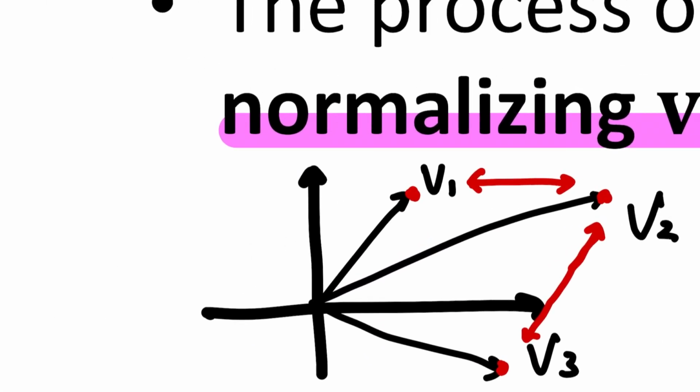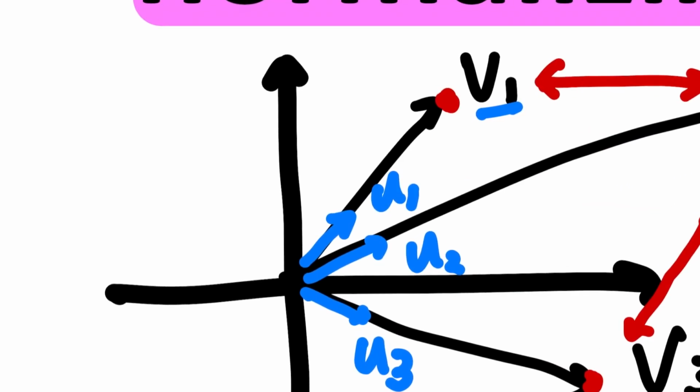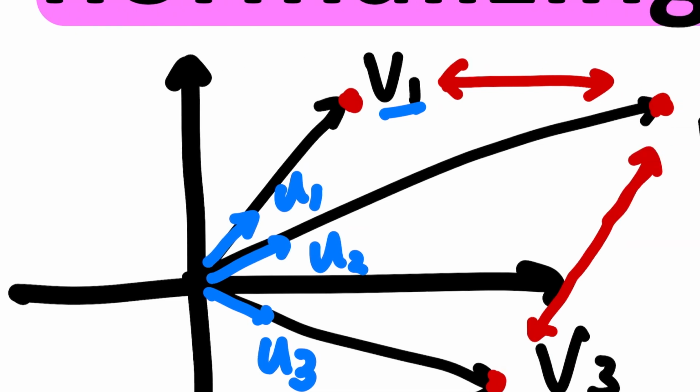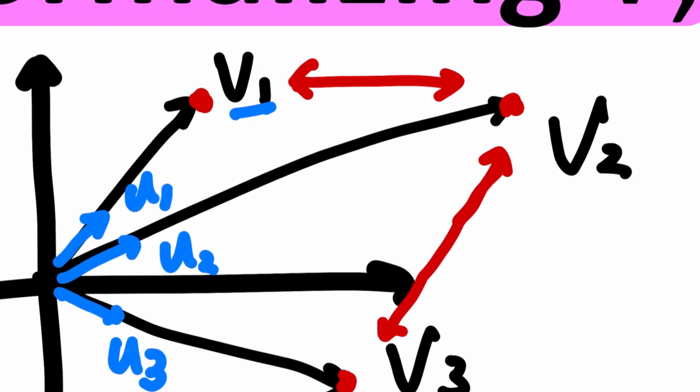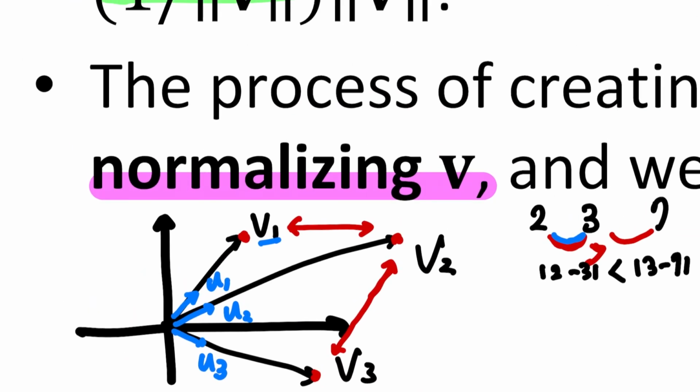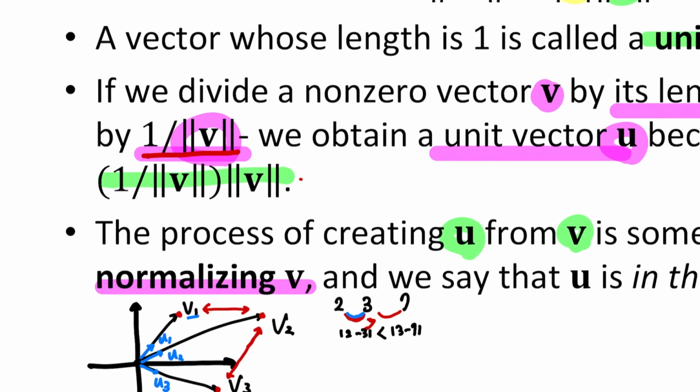So if we can normalize the vector v1 to a unit vector, let's say u1, v2 to u2, and v3 to u3, then by comparing u1, u2, u3, rather than comparing v1, v2, and v3, we can easily find the relationship between the unit vectors u1, u2, and u3.